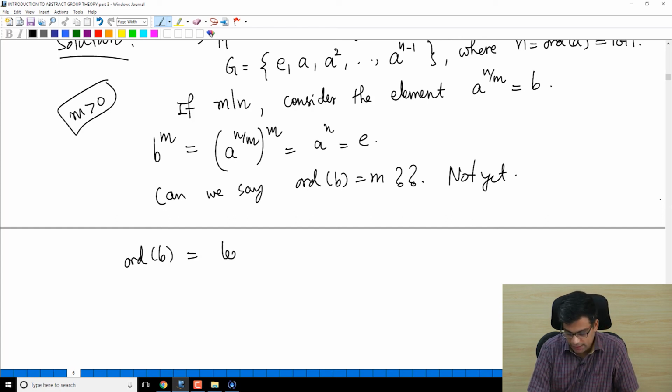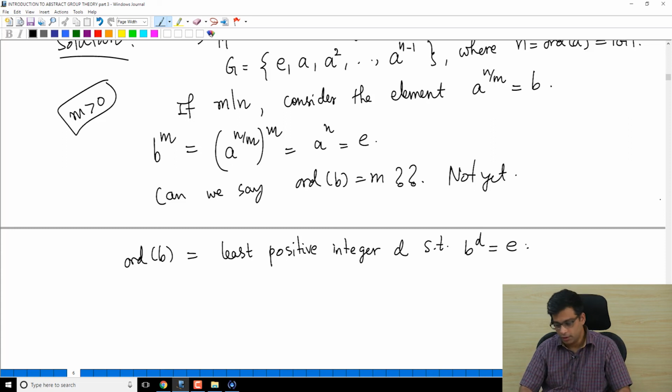The order of B is the least positive integer D such that B power D is E, right? Certainly m is a candidate because B power m is E, but we have to rule out the possibility that something less than m has this property.